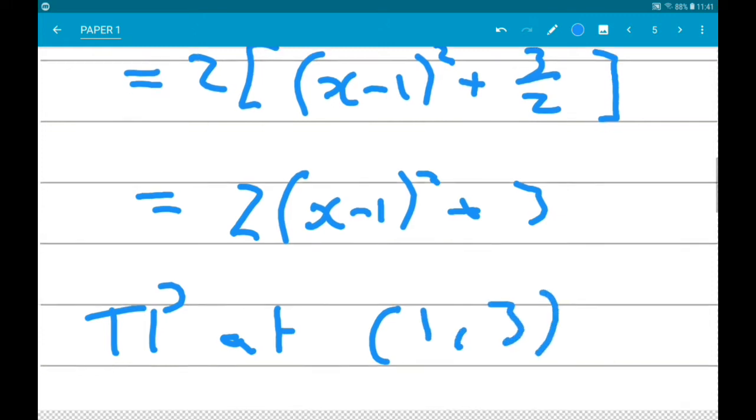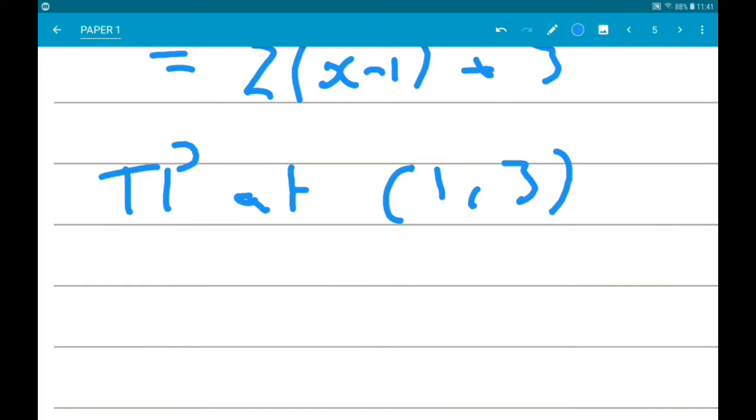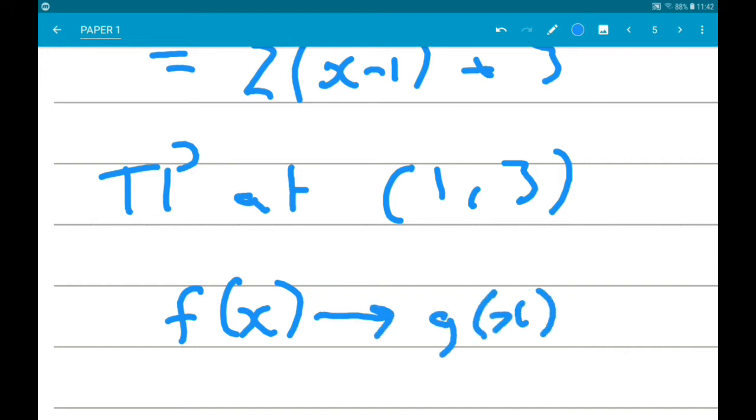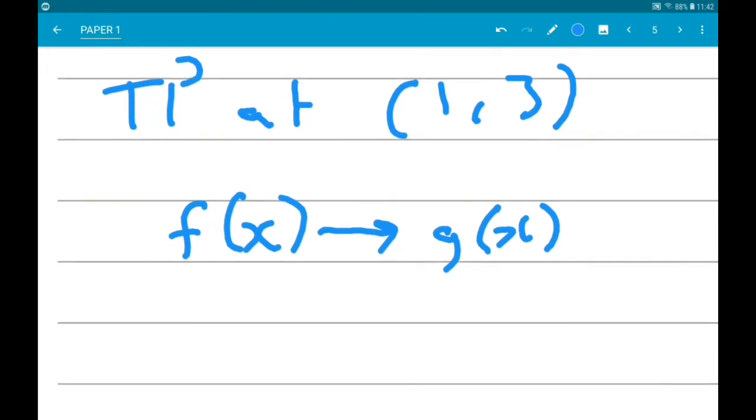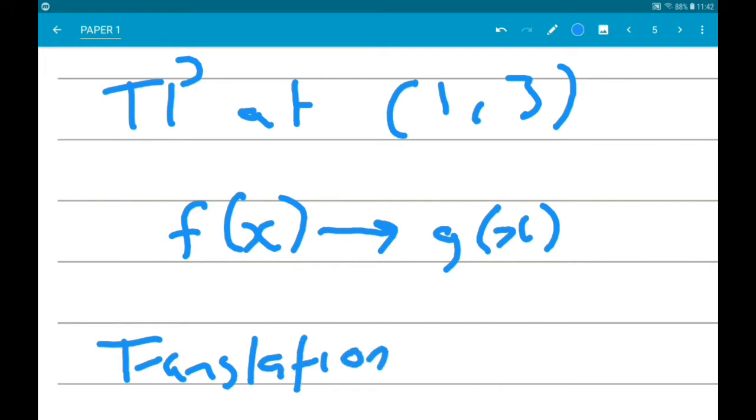So, f of x to g of x is a translation by, now our x coordinate has gone from minus 1 to positive 1, so we've gone right by 2.